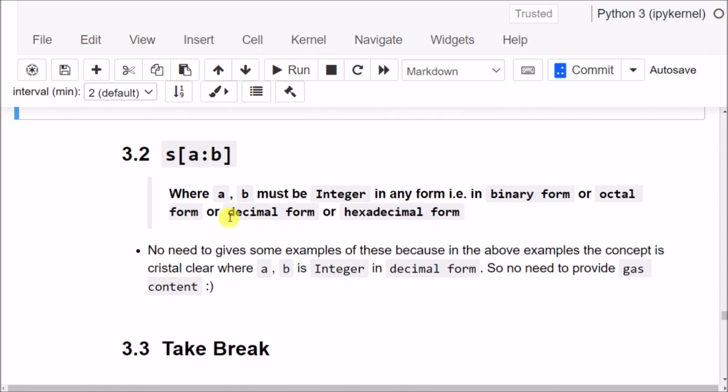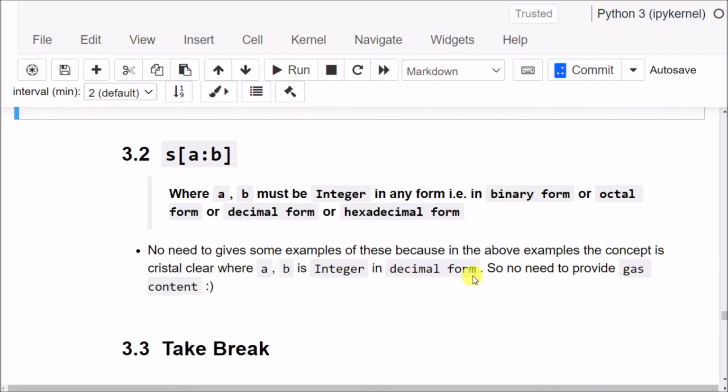Where a and b must be integers in any form, binary, octal, decimal or hexadecimal. No need to give examples of these, because in the above examples the concept is crystal clear.